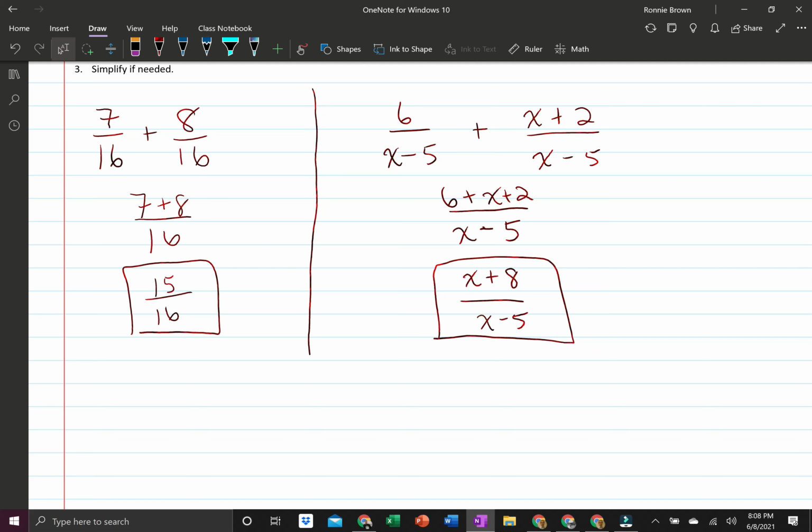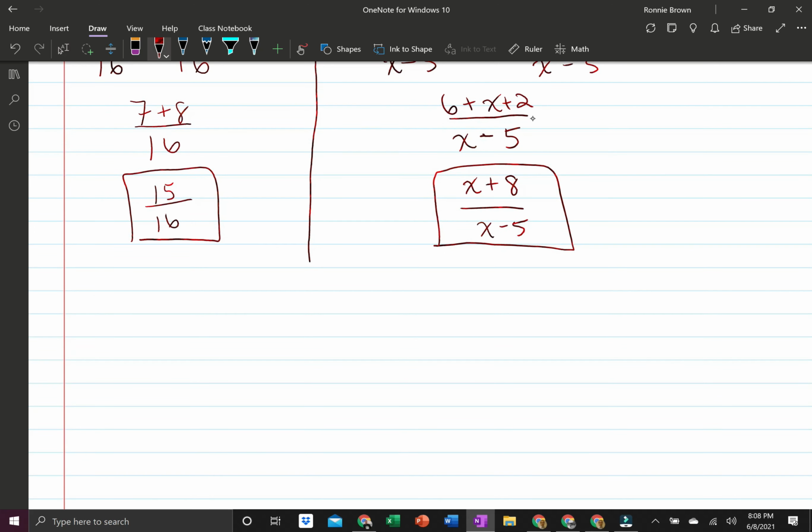Let's go ahead and take it to another type of problem. Our problem now looks like this. Let's say we have x squared plus 3x minus 2 over the product x plus 5 and x minus 2.